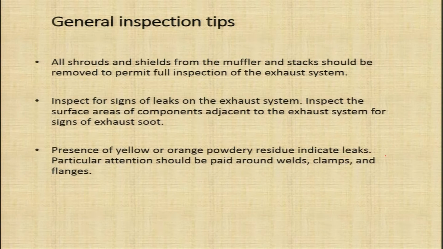Inspect the surface areas of components adjacent to the exhaust system for signs of exhaust soot and any sign of leakage. The presence of yellow or orange powdery residue indicates leaks.